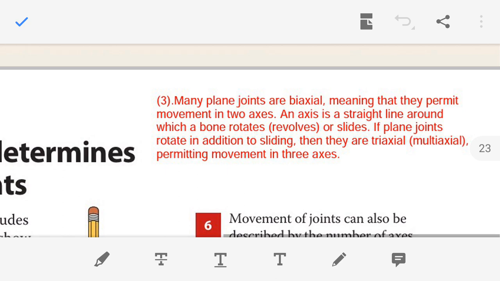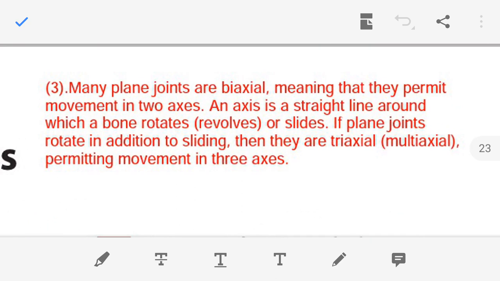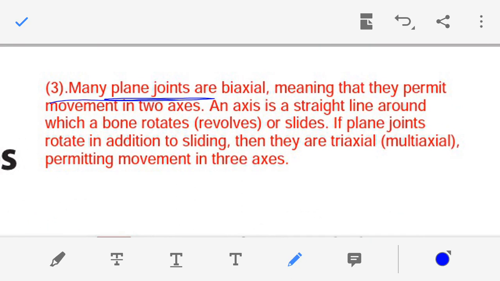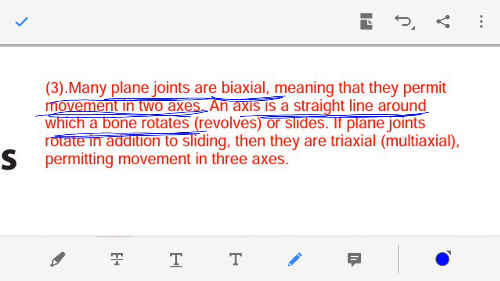Now here, the plane joints are biaxial, permitting movement in two axes. Now what is an axis? An axis is the straight line around which a bone rotates or revolves or slides.